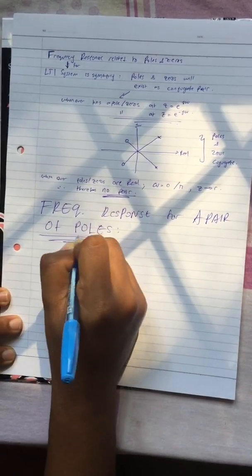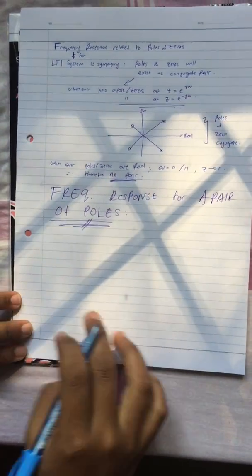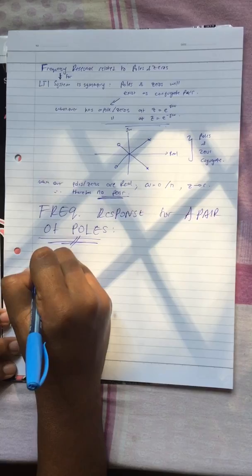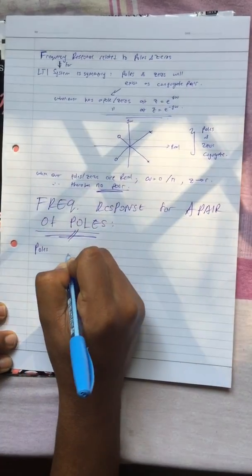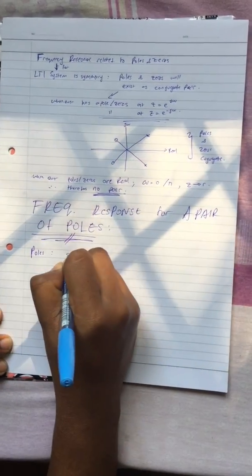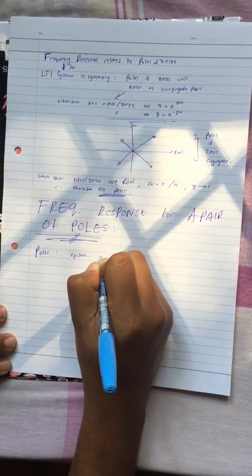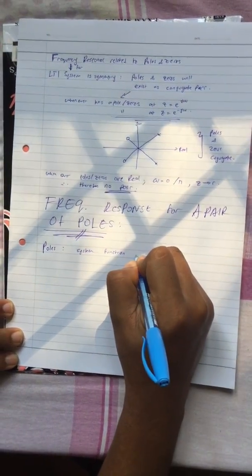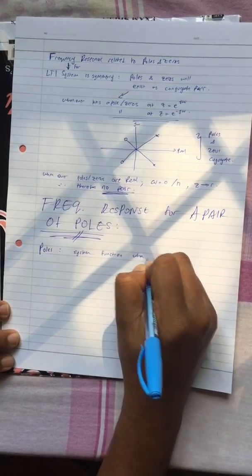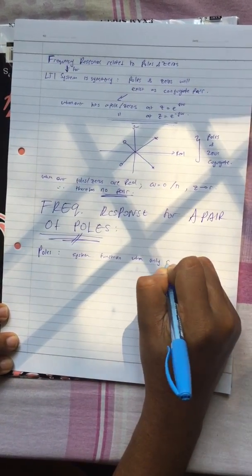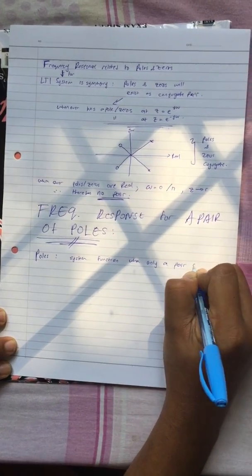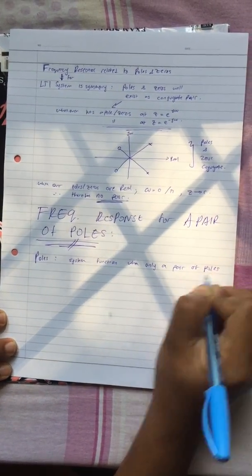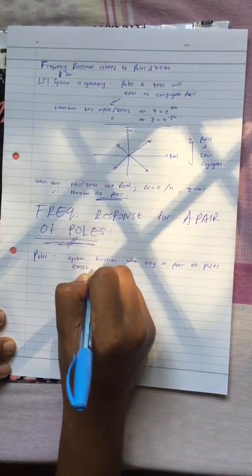So this is our job. Alright. So for poles, the system function when only a pair of poles exists.